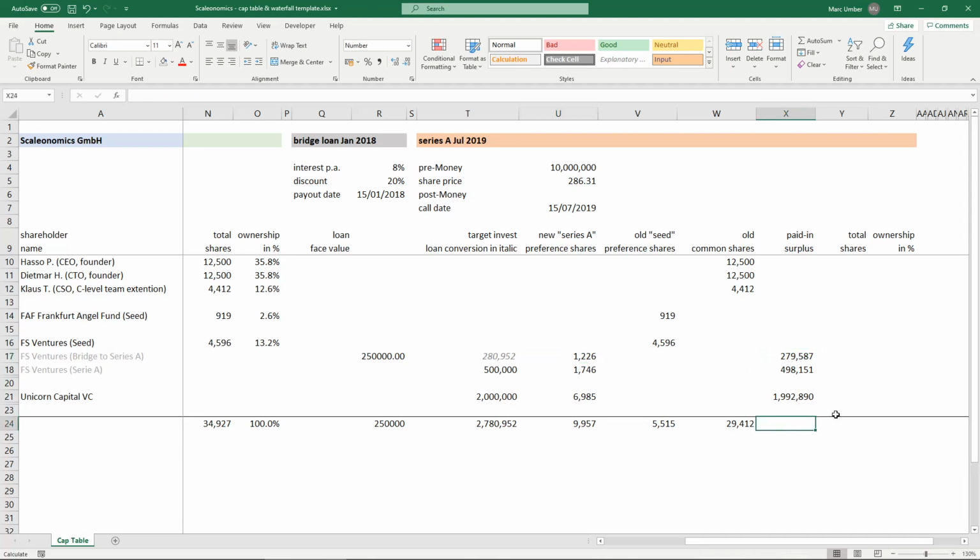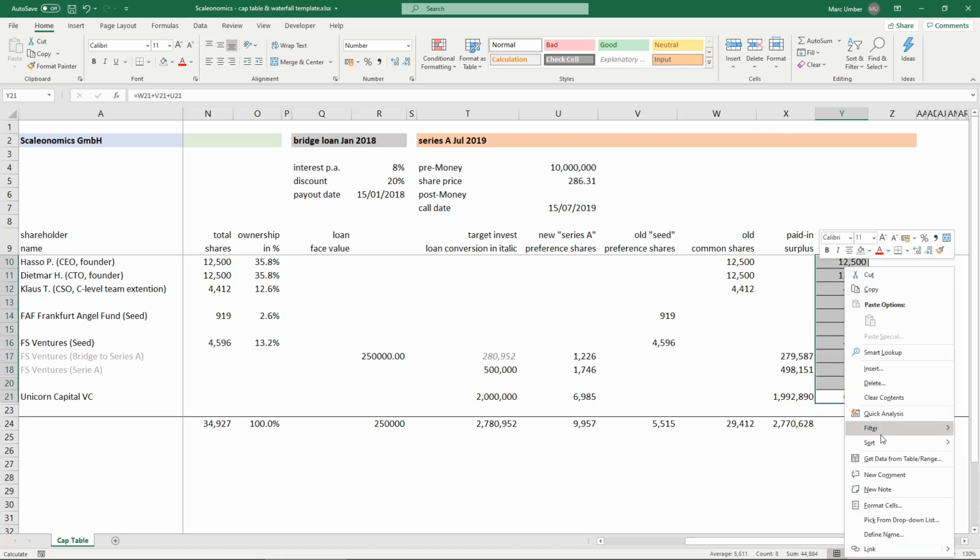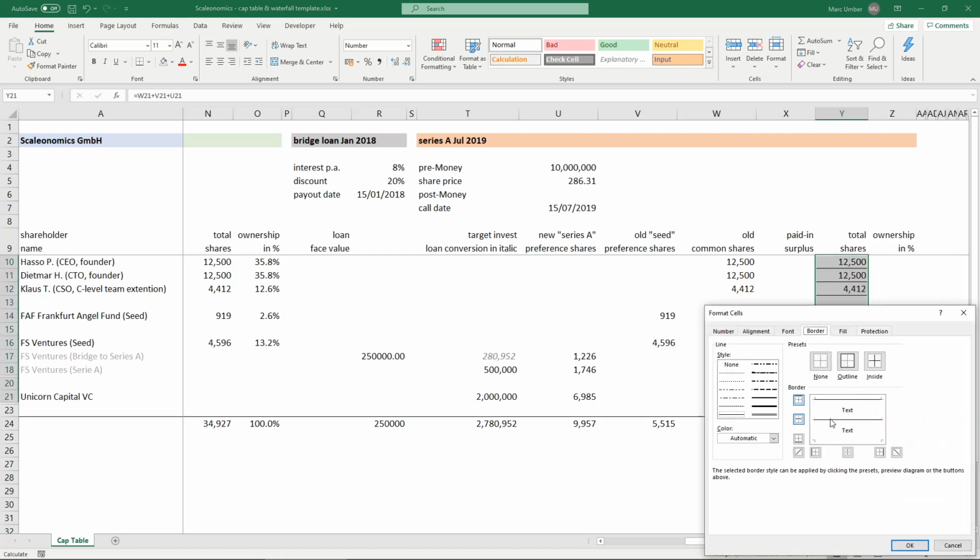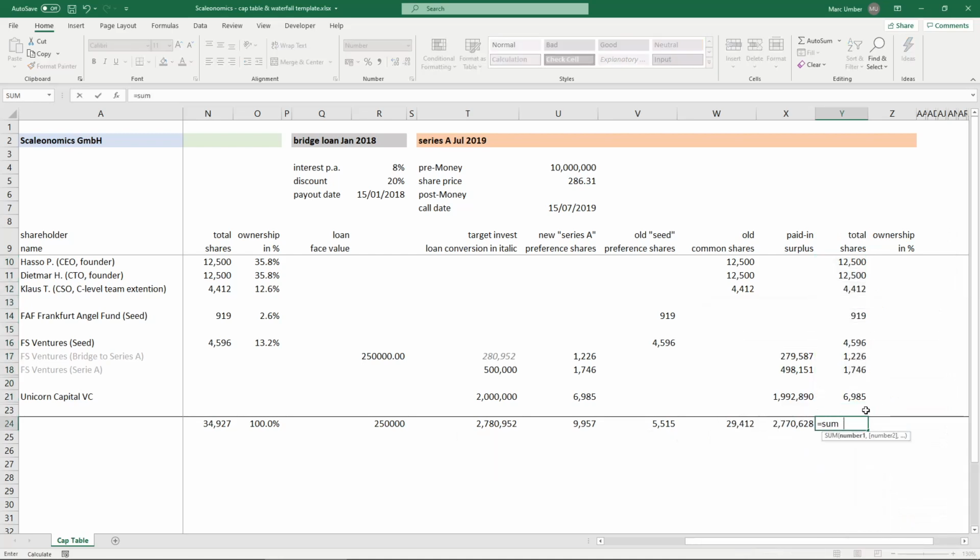Okay, very good. Let's make this cap table complete. Now we want to know how many shares are actually outstanding across all share classes. Let's make this nice and readable. Let's check whether we had any rounding errors.